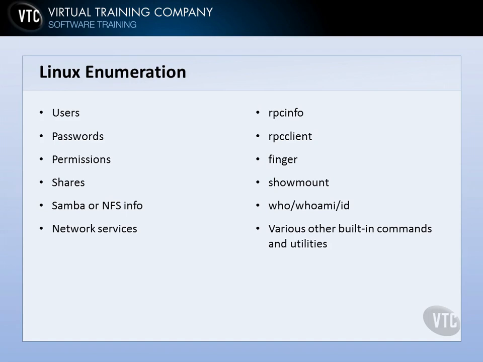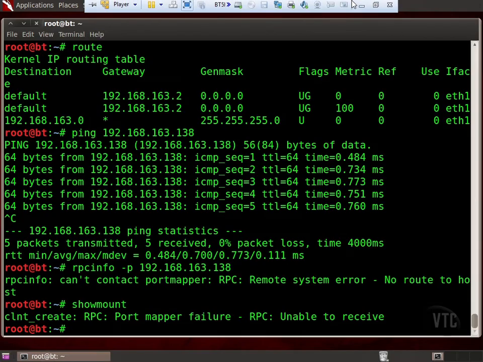Also, showmount might show you any mounted shares on the system. There are also typical built-in commands and utilities with Unix and Linux, such as whoami and id. Now, we can look at some of these commands and run them individually, but it may help if you use a particular enumeration script, and I'm going to show you a couple of those during this next demonstration.